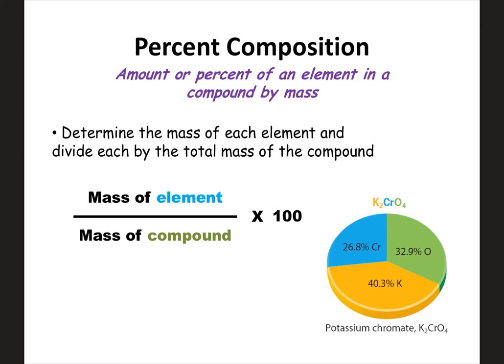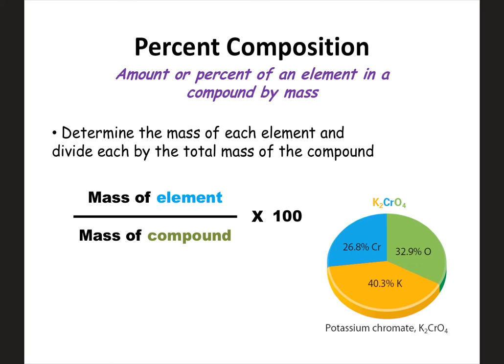Percent composition is a very easy topic that we did in honors as well. If you were trying to figure out the percent composition, you would just take the mass of the element over the mass of the entire thing, times it by 100. AP uses percent composition a lot in problems. They may not explicitly call it percent composition. They might just say what's the percent by mass of a particular element or something like that.